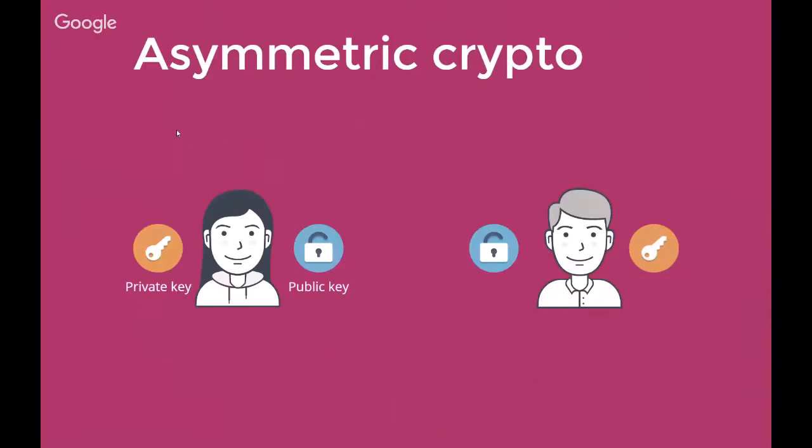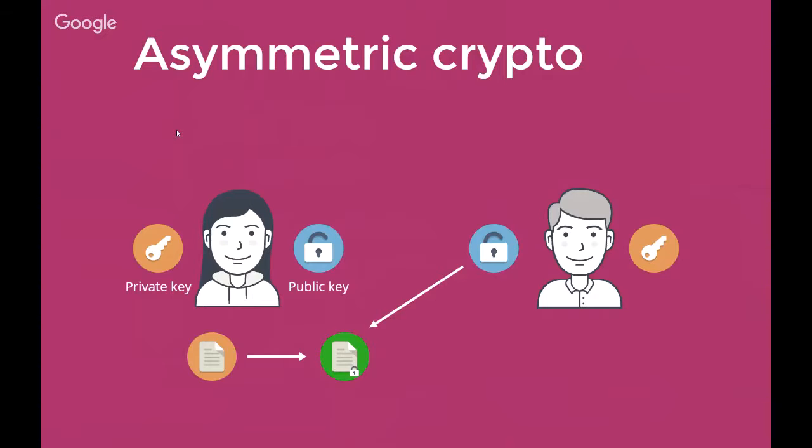The other type of encryption and decryption is asymmetric. In this case, every person has two keys, one public key and one private key. The public key can be seen like an open lock that you would then use to encrypt the data you want. And then you use the private key to decrypt the data that was encrypted with the public key.